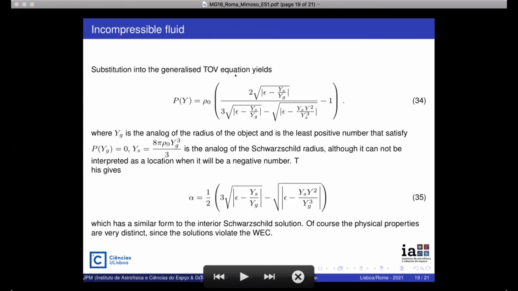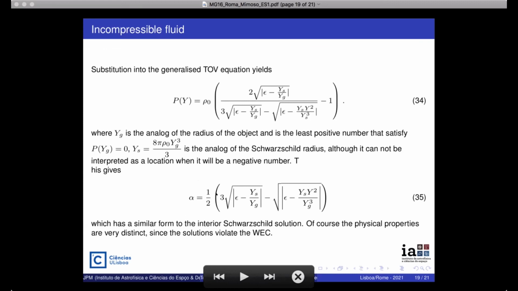Introducing these results into the Tolman-Oppenheimer-Volkoff equation, we get the pressure in terms of the warp factor y, which has this form, where y_j is the analog of the radius of the object, and y_s is the analog of the Schwarzschild radius.